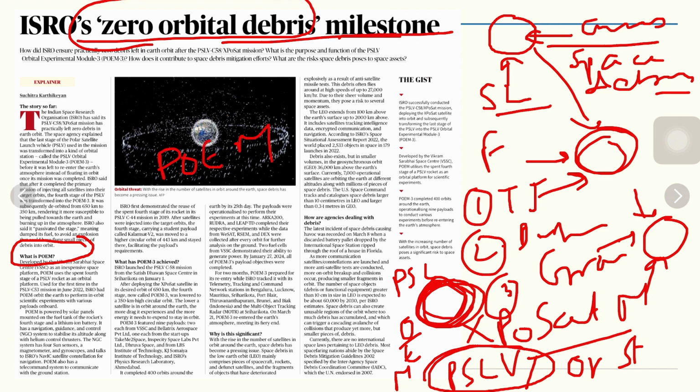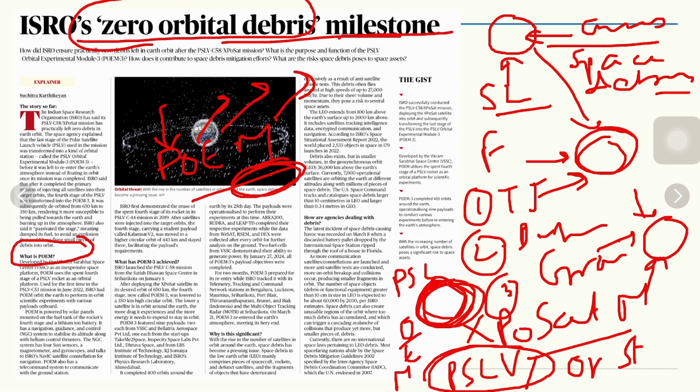You can understand it this way: POEM means P for PSLV, O for orbital, E for experiment, and M for module 3. So this uses the spent fourth stage of the PSLV rocket as an orbital platform.